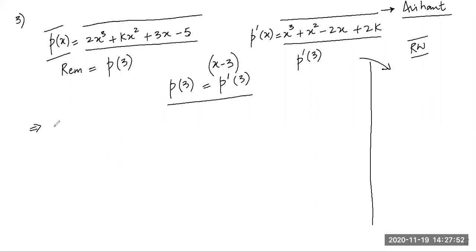So from this we will get 2 into 3 cube, which is 27, plus k into 3 square is 9, plus 3 into 3 is 9, minus 5 is equal to, yes students, anyone? 54 plus 9k plus 4. No, 27.